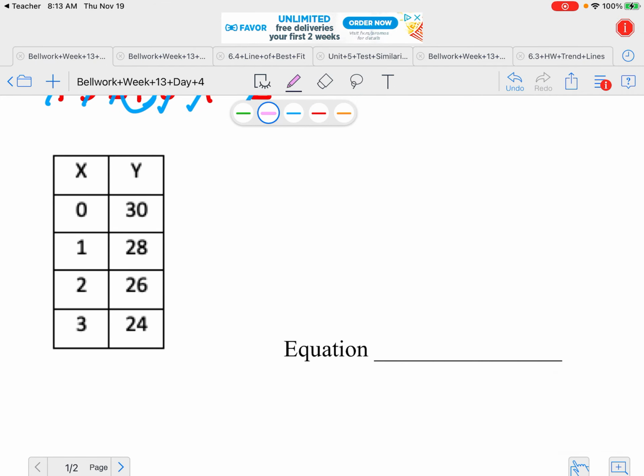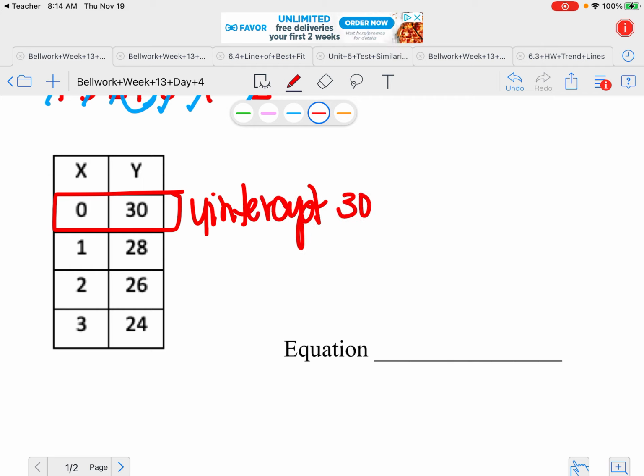Then for the final table, remember when x is 0, all you have to do is match up the y value. So now I know my y-intercept is 30. If I start my equation, I could say y equals something x, and then the y-intercept is positive 30.